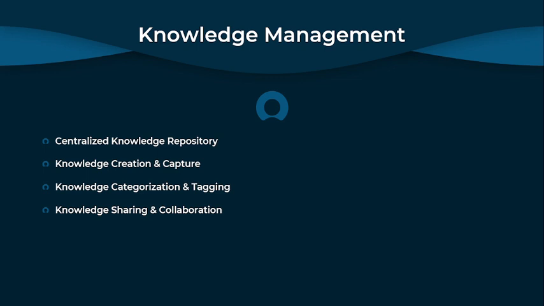ServiceNow Knowledge Management provides a centralized repository where organizations can store various types of knowledge, including articles, documents, FAQs, troubleshooting guides, best practices, and more. This repository serves as a single source of truth for employees to access relevant information.